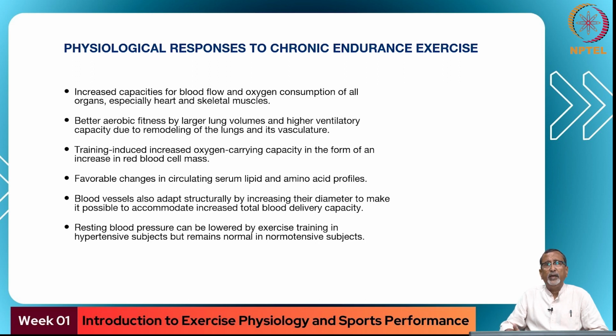So, once you are doing that kind of aerobic exercise over a period of time, your HDL level will go high, and that is why there would be favorable changes of the serum lipid and the amino acid profile, particularly leucine and glutamine. Also aspartate changes. These are the circulating amino acids, and those amino acids even act as a substrate of energy.